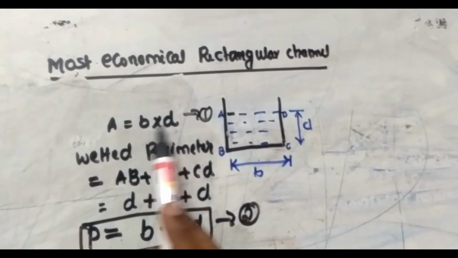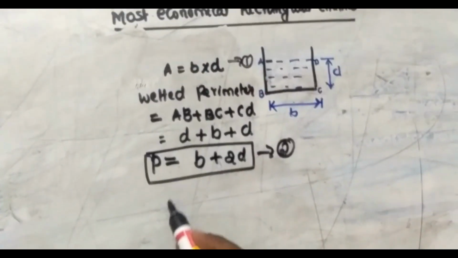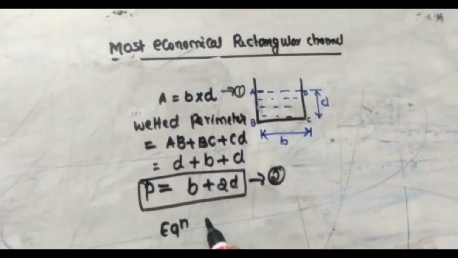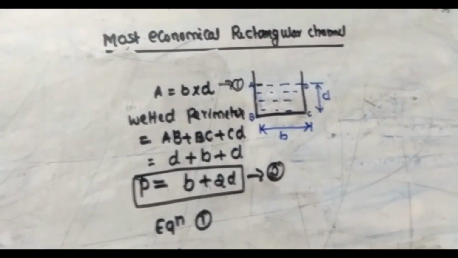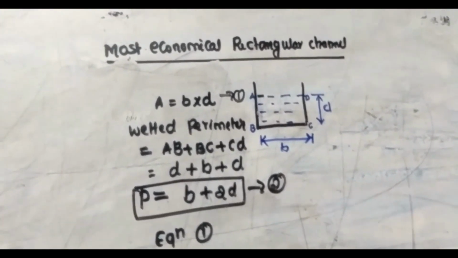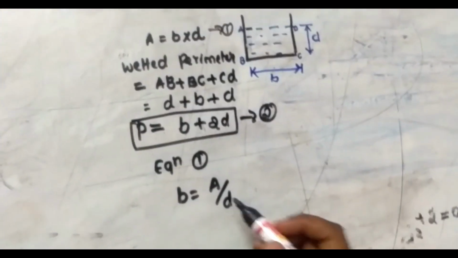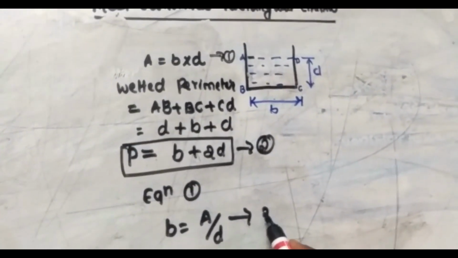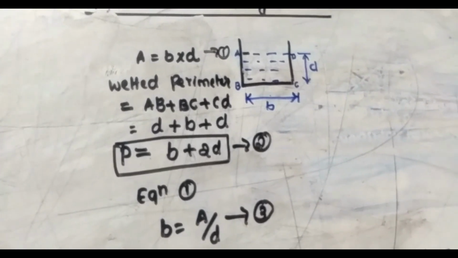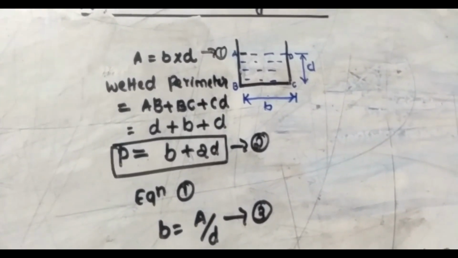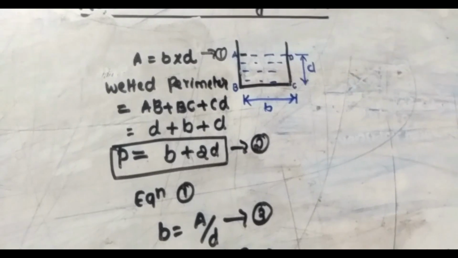From equation 1, I can write it with respect to B: B is equal to A by D. This is equation number 3. Now put equation 3 in equation 2.